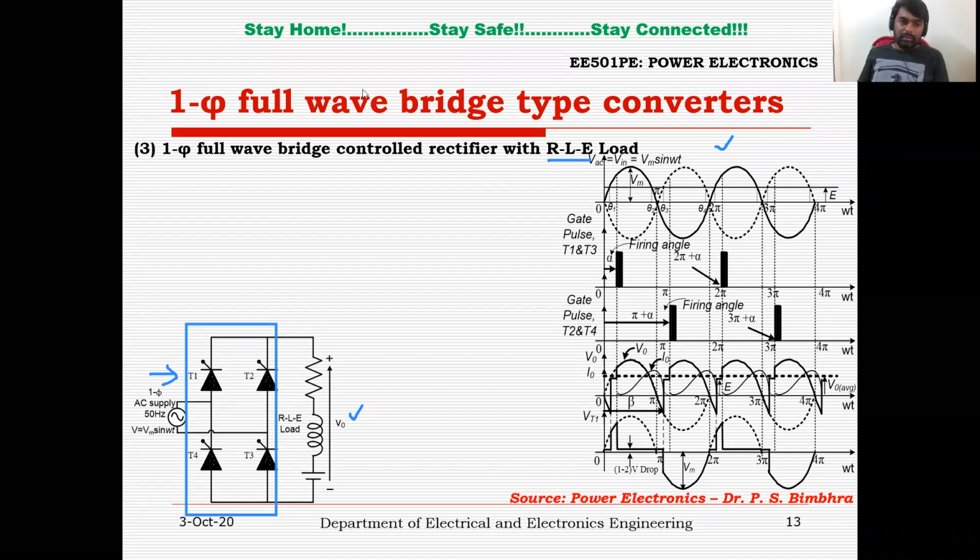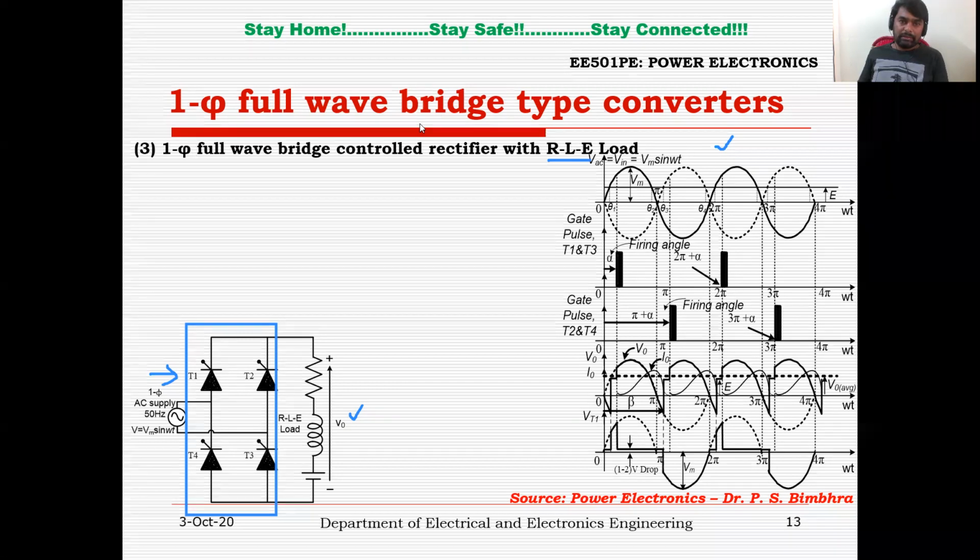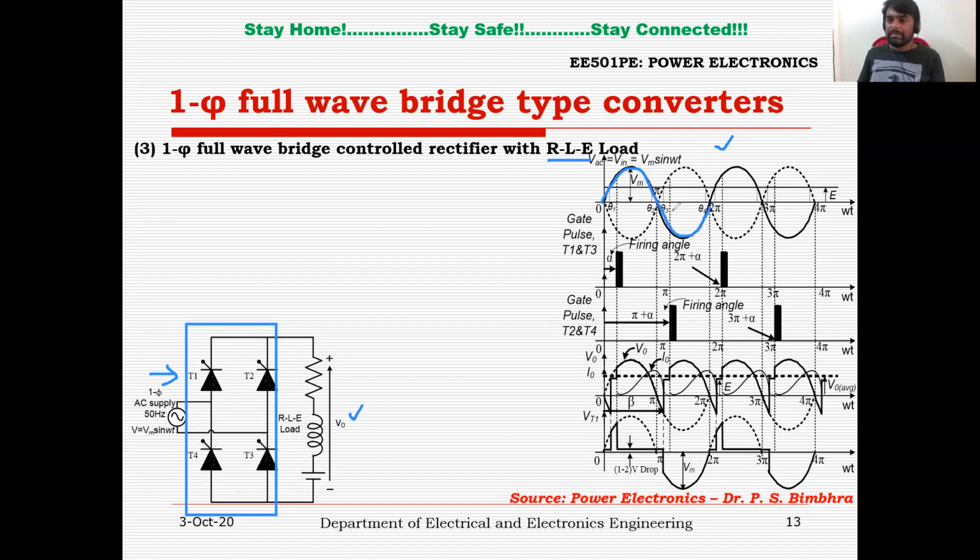So this circuit is fed from a single phase AC. You can see the AC waveform is like this, which varies with respect to sin omega t. This is for one cycle, and I have drawn the waveform for 2 cycles here. Okay, and you can see one more point here at the input side.